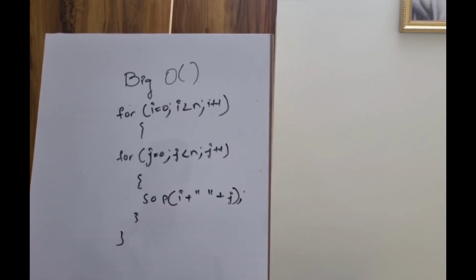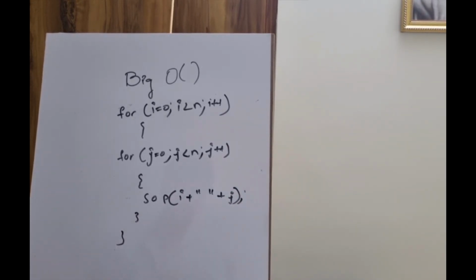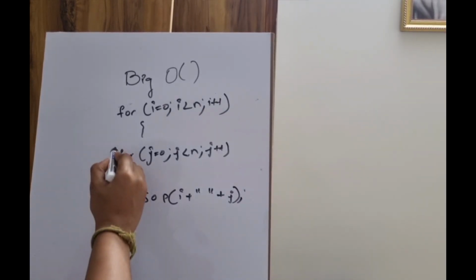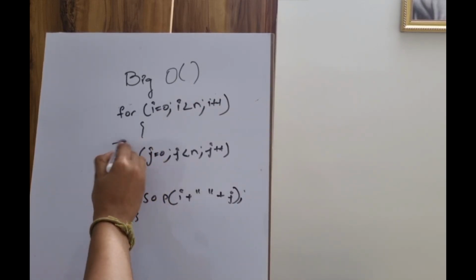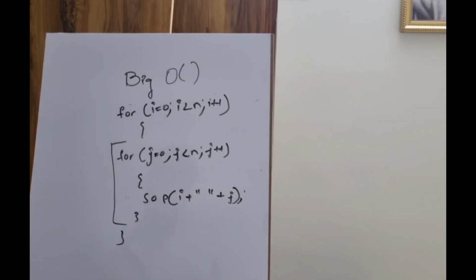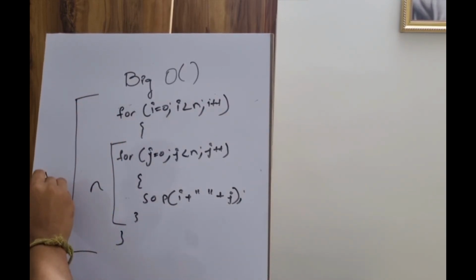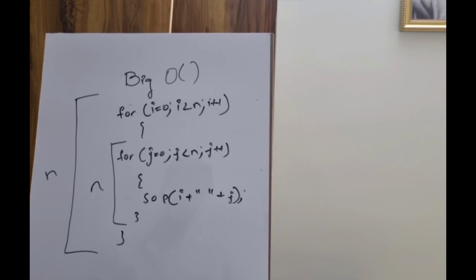In this scenario, let us calculate the time complexity of the entire function layer by layer. This internal for loop will take n calculations like we discussed, and the external loop will take n calculations to complete.